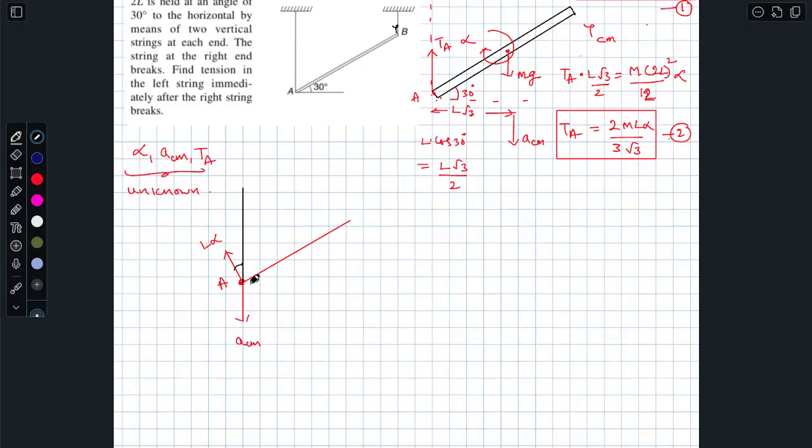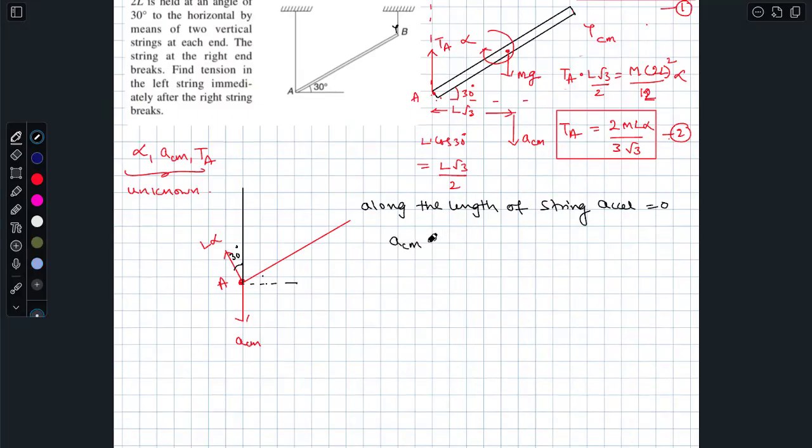Can you please help me in this angle? If this is 30, this is also 30. So along the length of the string, acceleration is 0 because the string is inextensible.